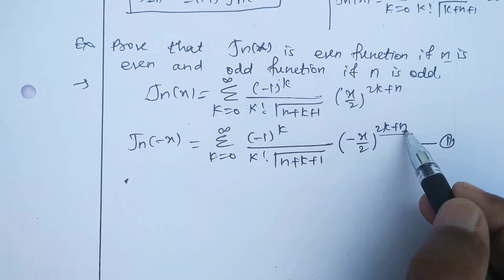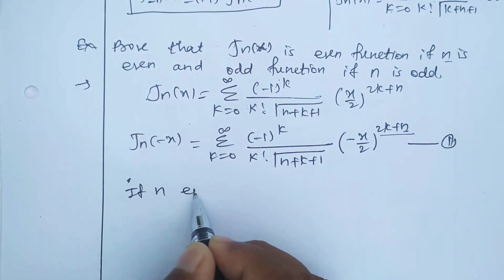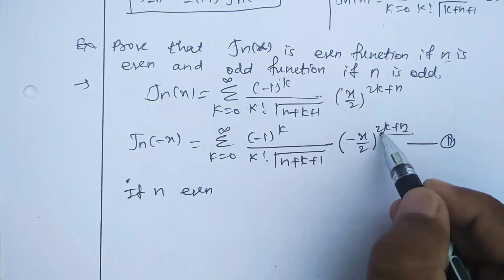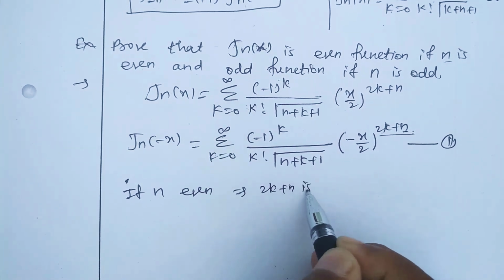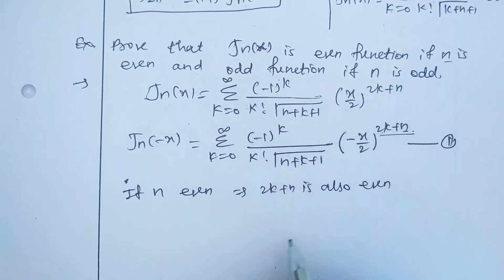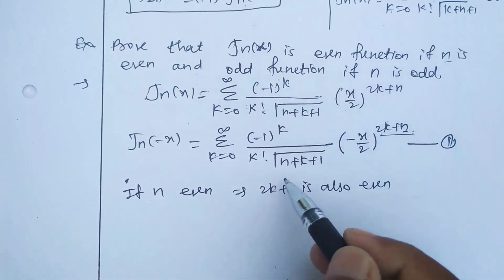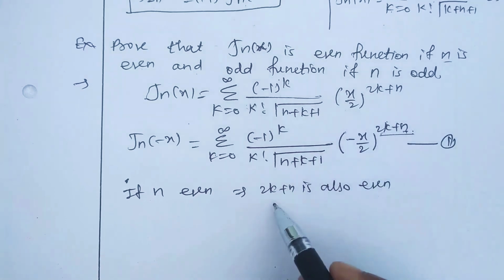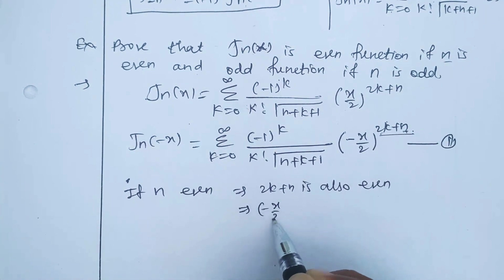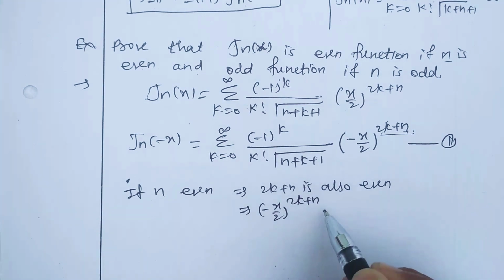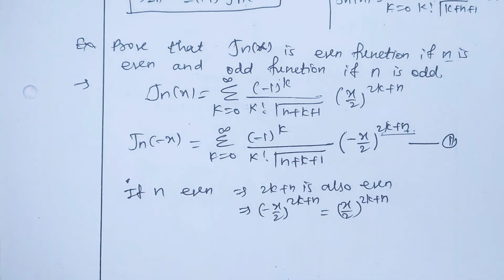So we just use the cases of n. If n is even, see what happens. If n is even, this implies 2k plus n is also even, because 2k is even and n is also even, so the addition of even numbers is also an even number. So this implies minus x by 2 raised to 2k plus n is equal to x by 2 raised to 2k plus n.